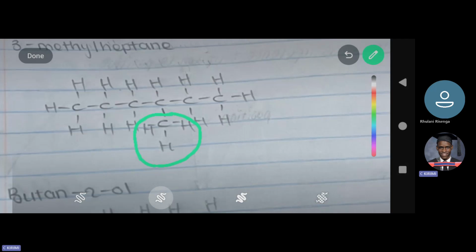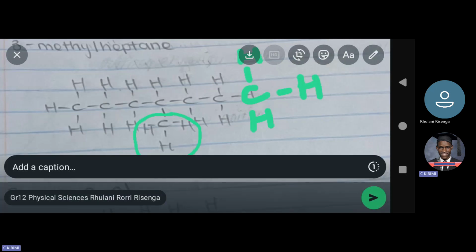So that's how marks disappear in the exam. So we're supposed to add another one, isn't it? CH3. Yes, we're supposed to add this one. So the 100% would have disappeared now because of that.